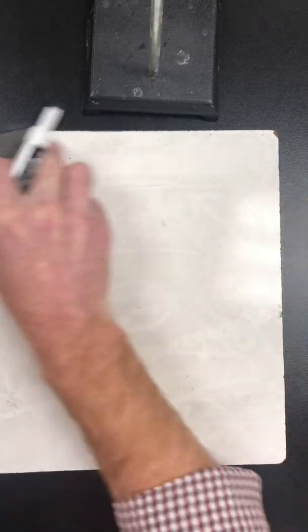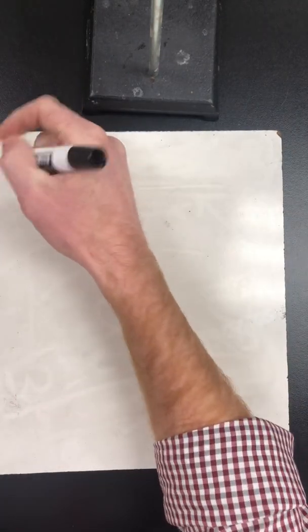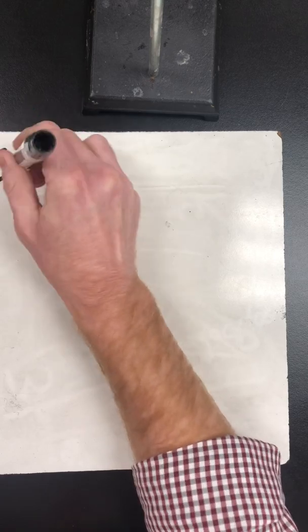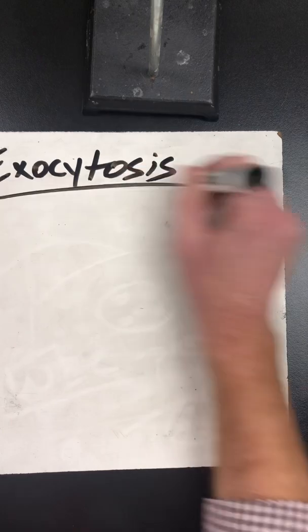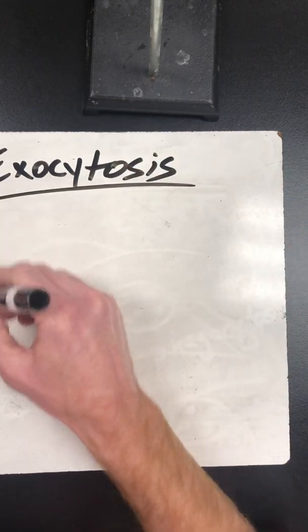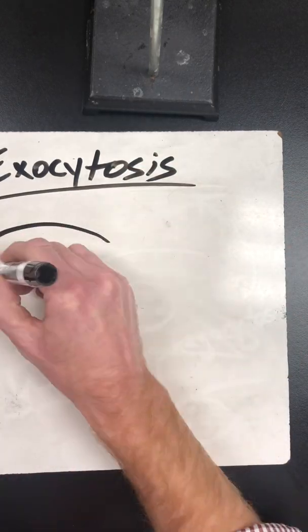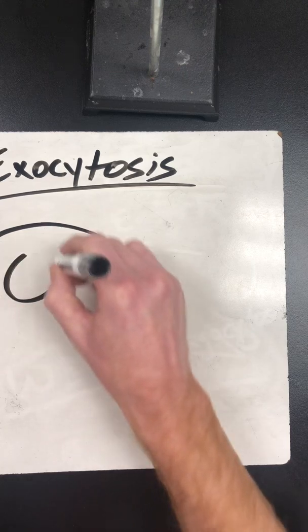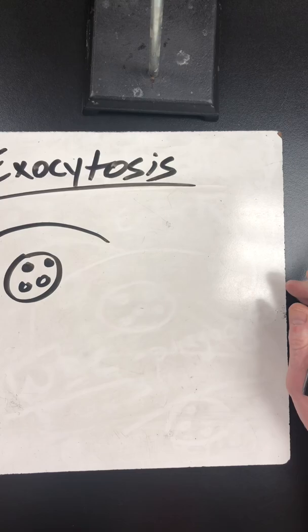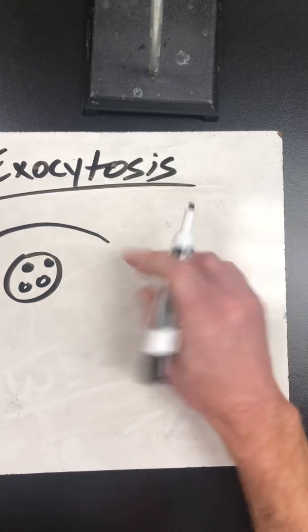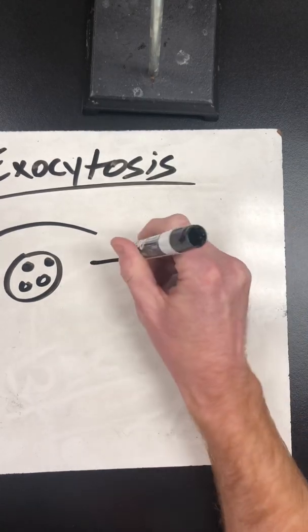What about exocytosis? I want to exit the cell. Now it's the exact opposite. Okay, exocytosis. Now I have some molecules in the cell that we need to get out, but they are already in vesicles. Okay, so this vesicle is just going to travel up to the cell membrane. So I'll draw an arrow this way.